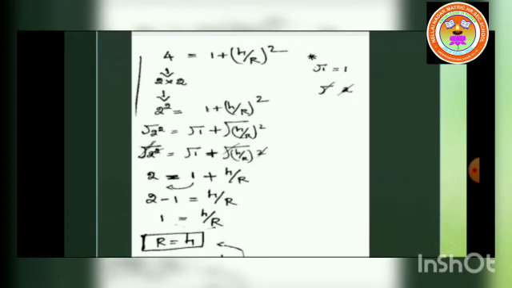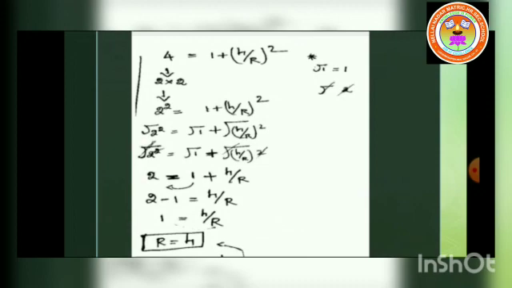We know that root and square cancel by mathematical rules. So 2 is equal to 1 plus h by R.